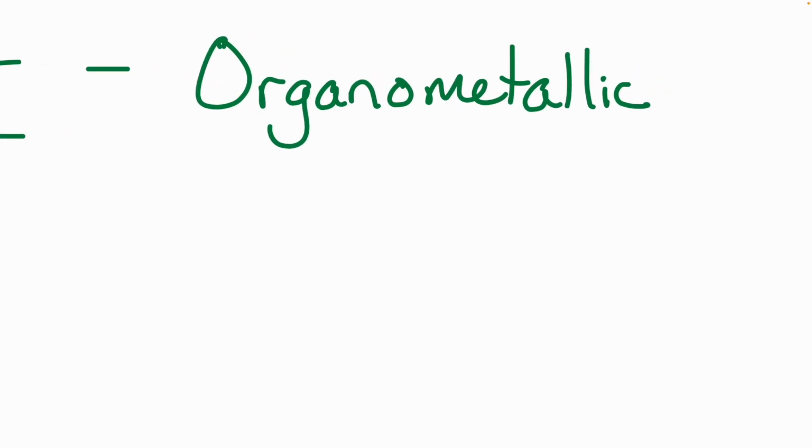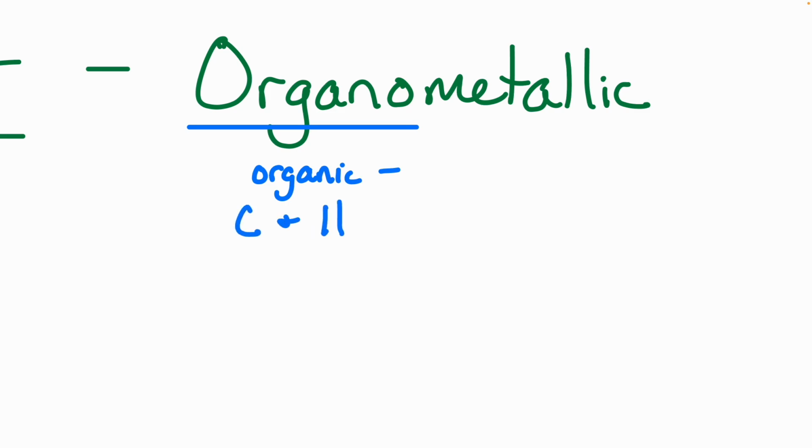All right, well, let's pick this word apart real quick. What do we think the organo stands for in this word? Organic. Which of course means all carbons and hydrogens, or at least contains carbons and hydrogens. And what do we think the word metallic means?